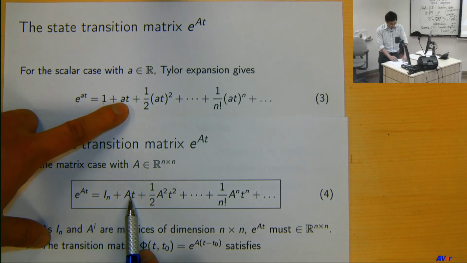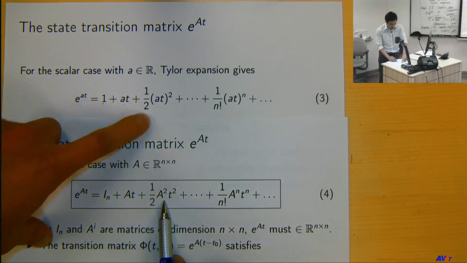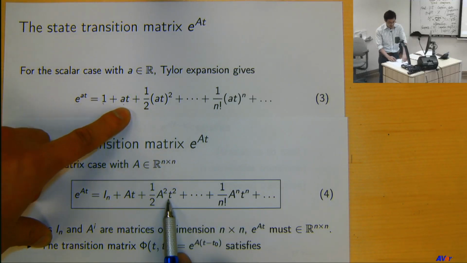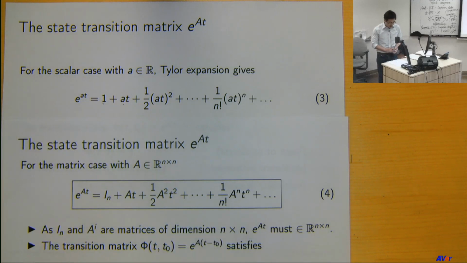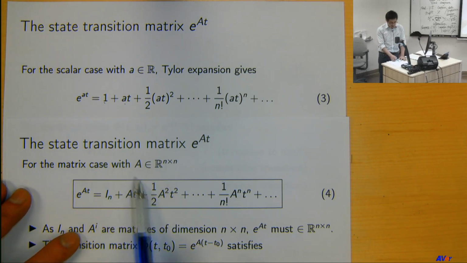So replace 1 with a matrix, the identity matrix, and then everything else with capital AT. That's how this matrix is defined. A is a matrix, I is a matrix, so from here you can recognize it is a matrix.